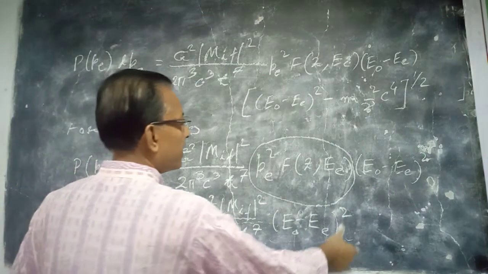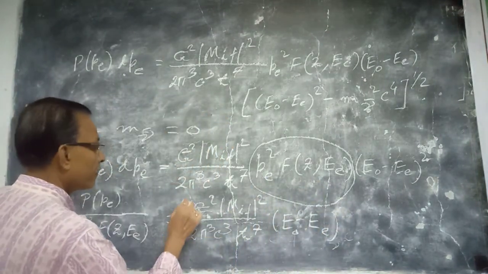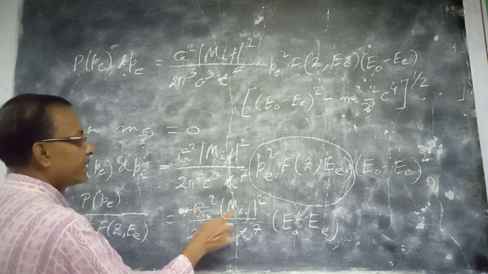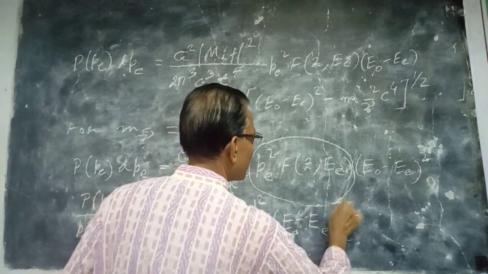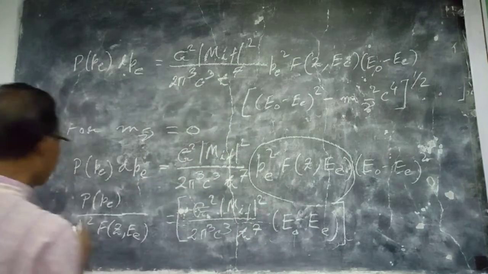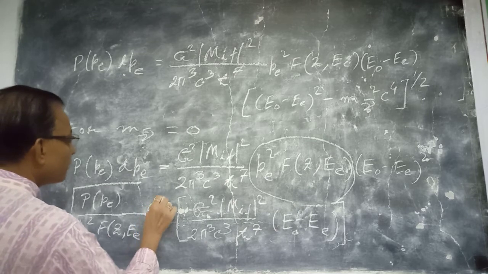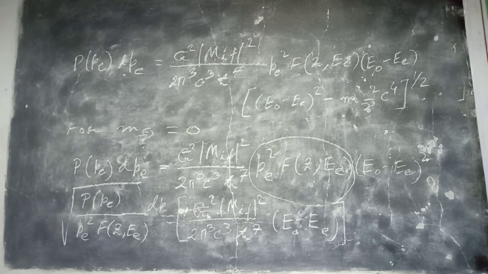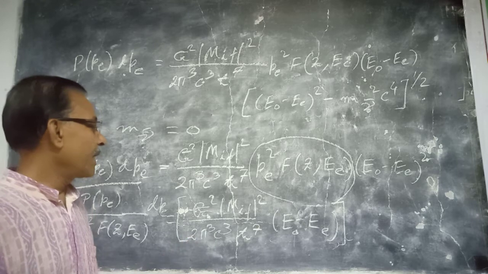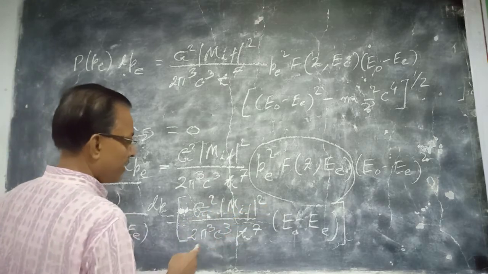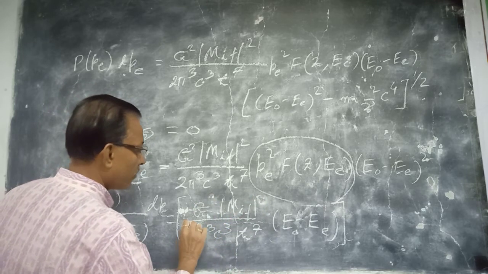If we remove this square, then on this side we get the square root of this, G M_if, and here also similarly we have G, M, and the square root of this.